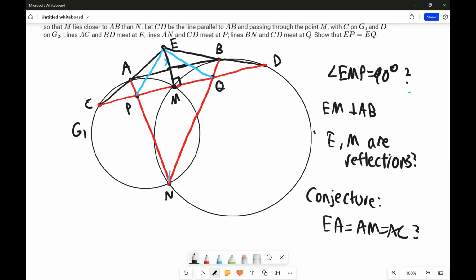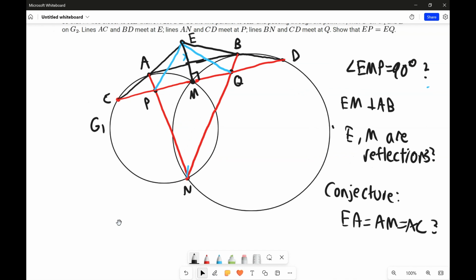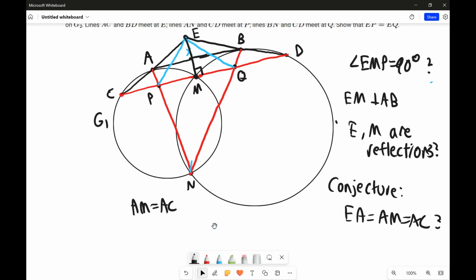So let's try proving this one at a time. Let's first try to prove that AM is equal to AC. This is pretty much showing that triangle ACM is isosceles. In other words, we want to show that directed angle ACM is equal to directed angle CMA.